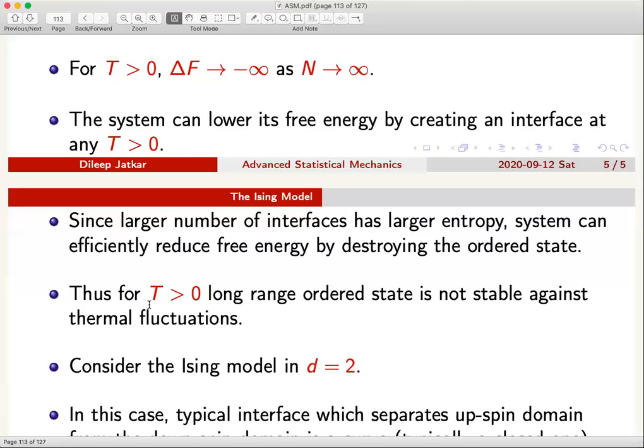And suppose J as a function of M minus N is 1 over M minus N. Then this is like a 1 over R potential, right? So a spin at one point is interacting with a spin at any distance R by an inverse potential, or inverse square force. If you consider that kind of interaction, which is a long range interaction, then what we are talking about may not hold.